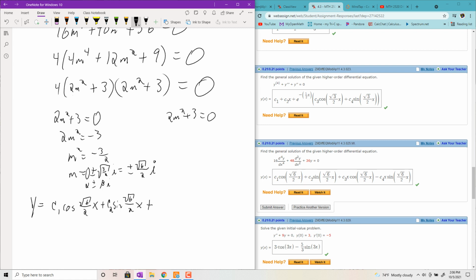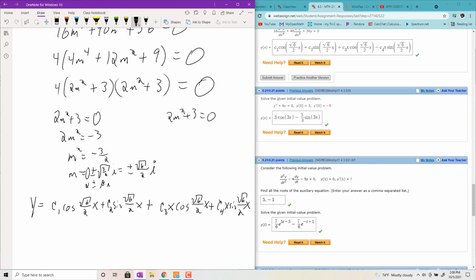And then plus, you have to multiply the terms by x, so you just sneak in a factor of x. The e to the alpha, again, is e to the 0, so that would just be 1. And then you get c3, I'm going to distribute the x, x cosine of root 6 all over 2 x plus c4 x sine of root 6 all over 2 x.